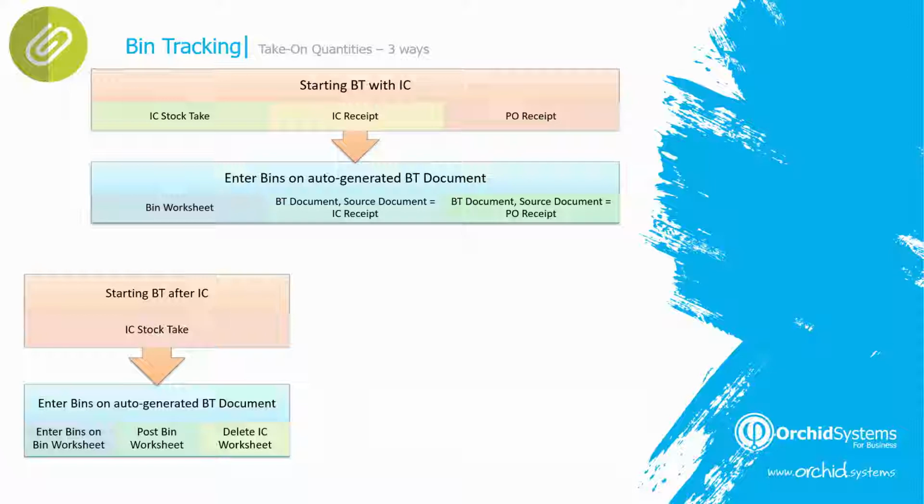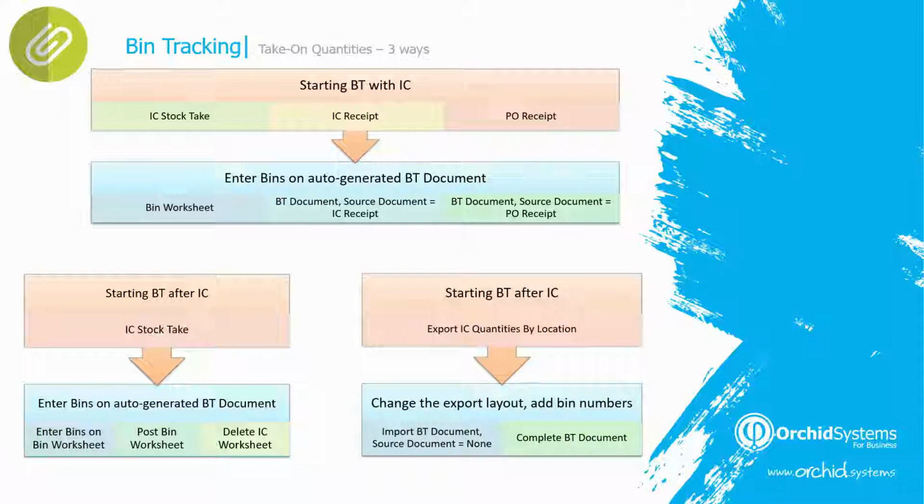I will be running through the stocktake procedure later, so I'm going to do it via the 3rd method, which is to export my IC quantities by location, massage that export, and import it into a new bin transfer document where the source document is none. It's not linked to an associated IC document, OE document, or PO document, and then complete the bin transfer document.